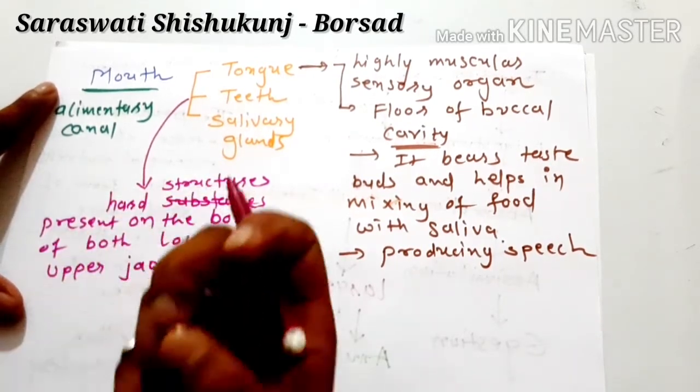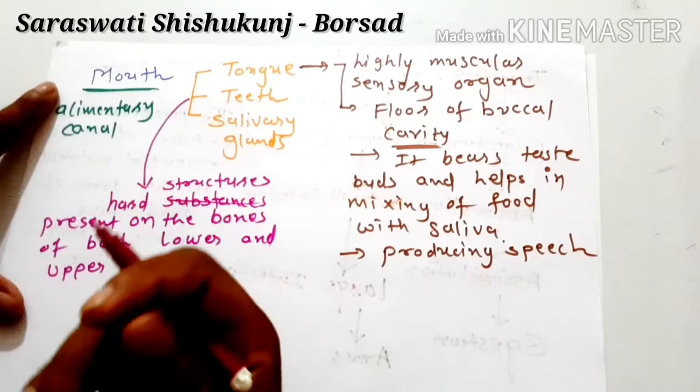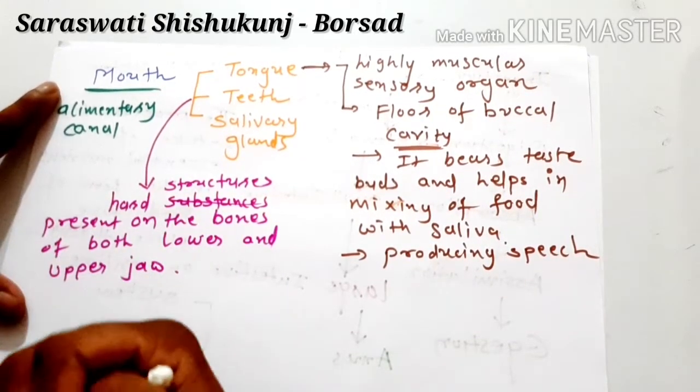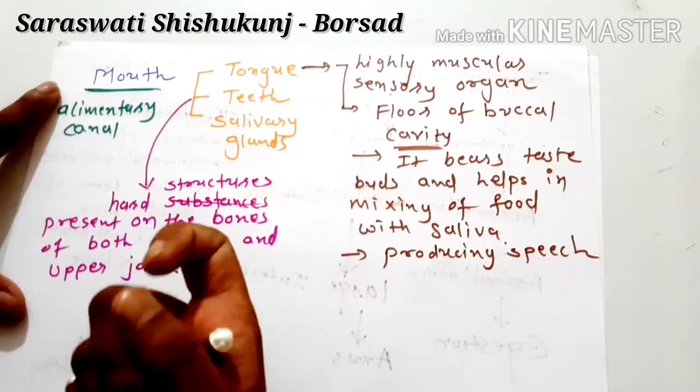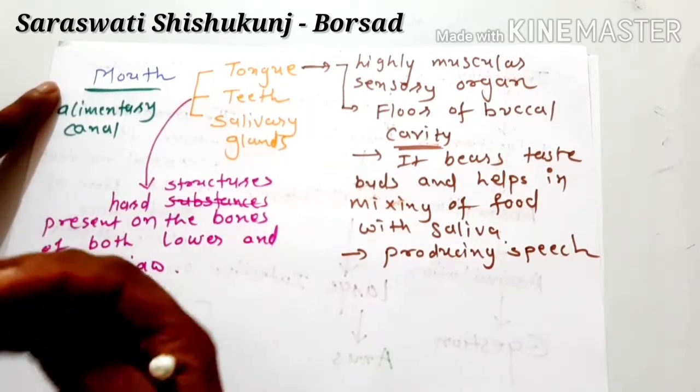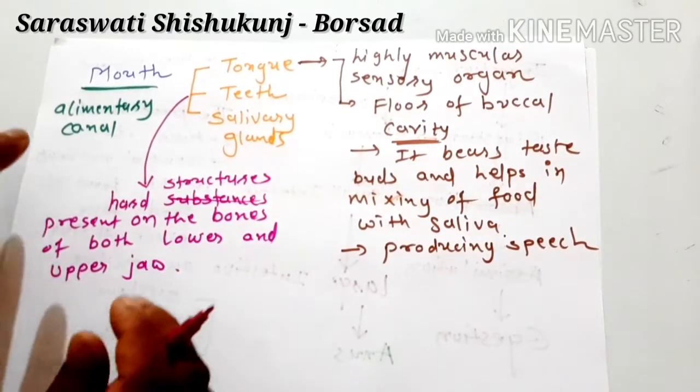When we look at the mouth, we see that on the upper side and the lower side of the mouth we have teeth. So it is a hard structure present on the bones of our upper jaw and our lower jaw.